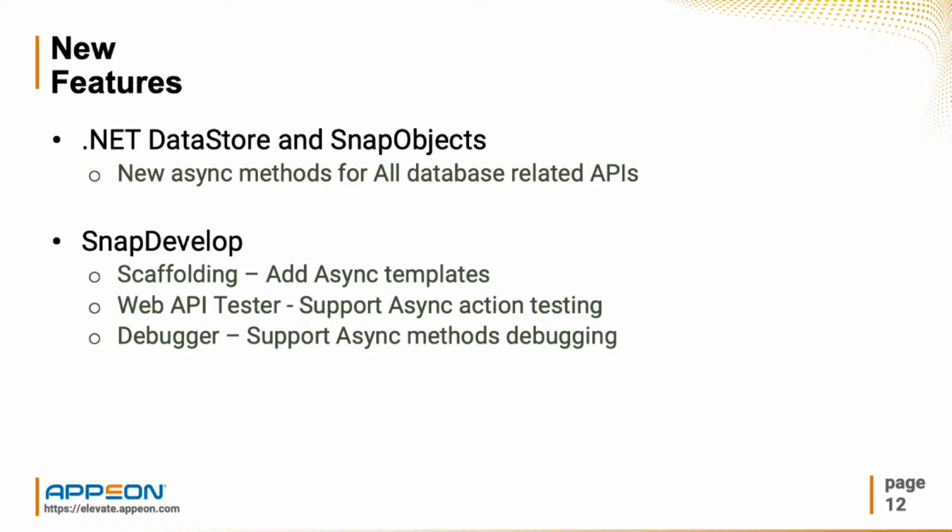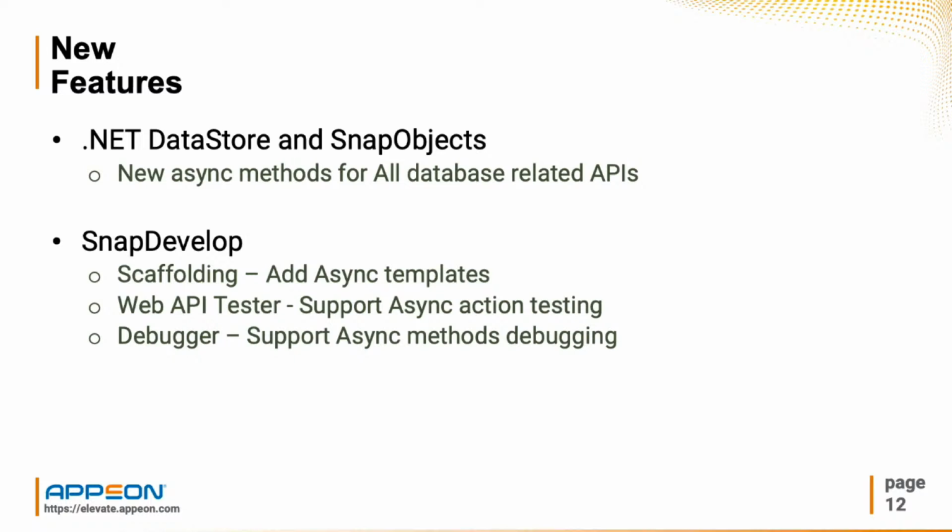So, in more general terms, we can categorize the new features in two different ways: Runtime Enhancements and then IDE Enhancements. Now, for the Runtime Enhancements, we have added new asynchronous programming methods for all database-related web APIs.